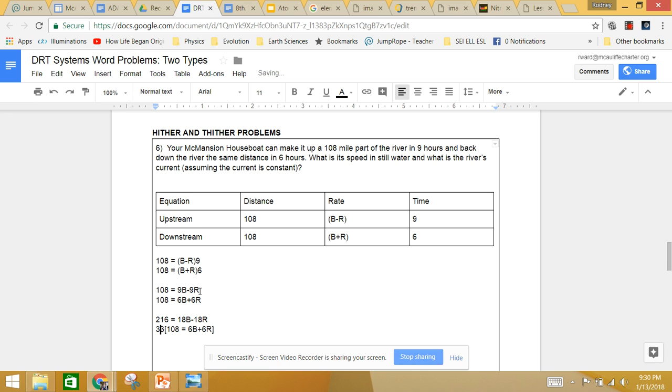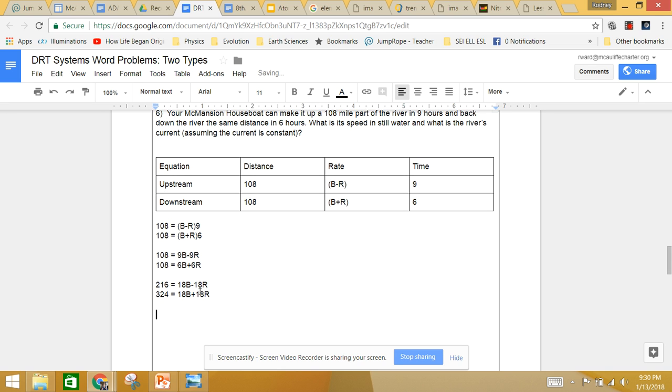So 324. Or replace the 108 with that. And then I get 18b plus 18r. And now I have equations I can do my systems tools with. Now I'm going to use elimination because I have coefficients that are the same and I have coefficients that are the opposite. And that's very convenient for me.